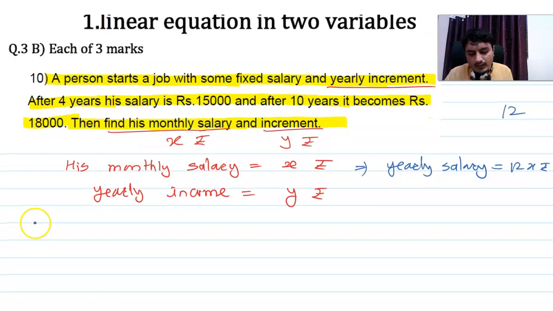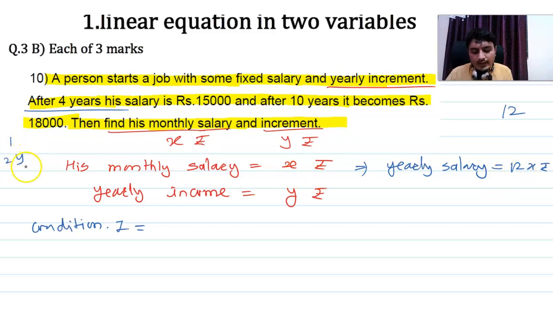Now as per the first condition, what we have been given: after 4 years, what will be the increment? At start, first year salary we have 12x rupees. Second year increment we have plus y. Third year increment we have plus 2y.